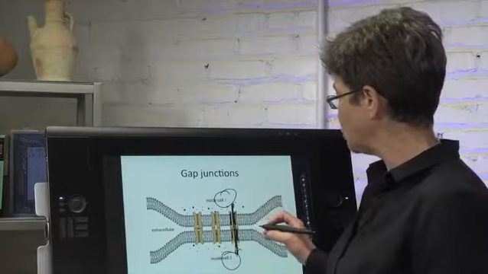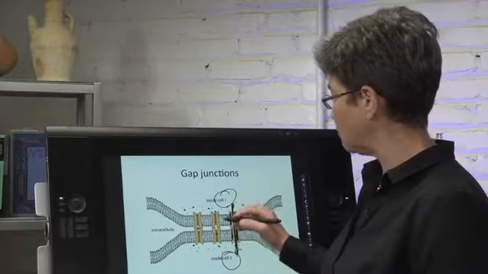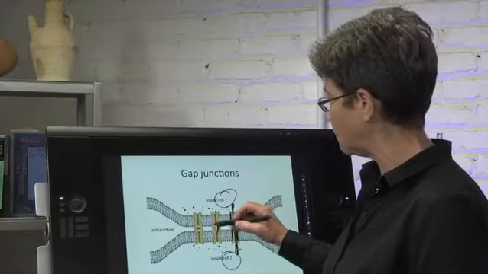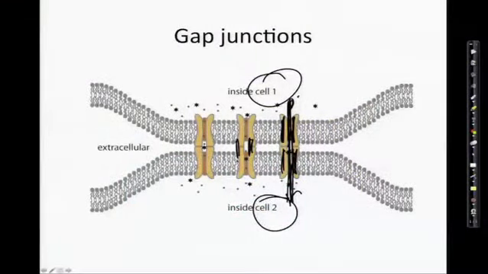Now, these gap junctions, this is a really tricky business to line up the hemichannels on two different cells so that they're perfectly aligned. Just to make this a little bit easier, this space here is 2 to 4 nanometers wide.